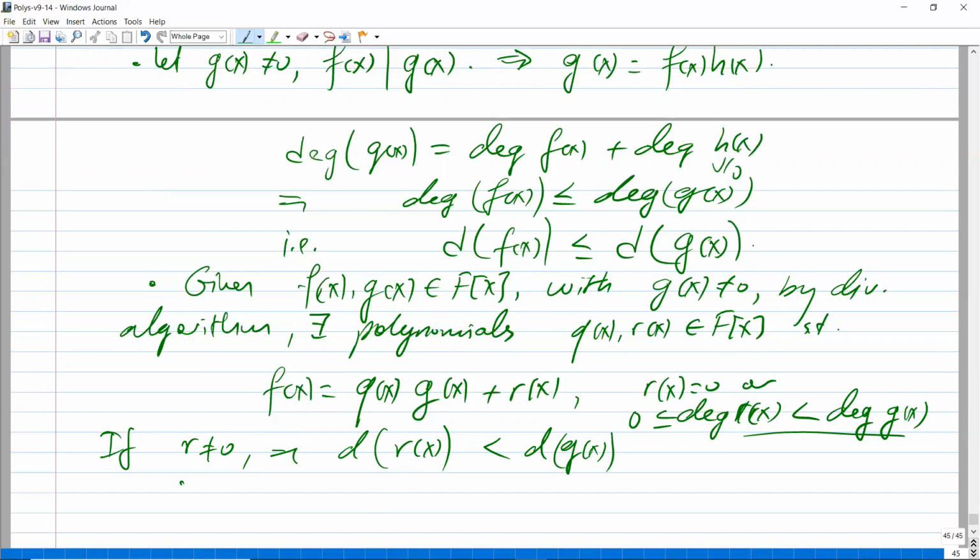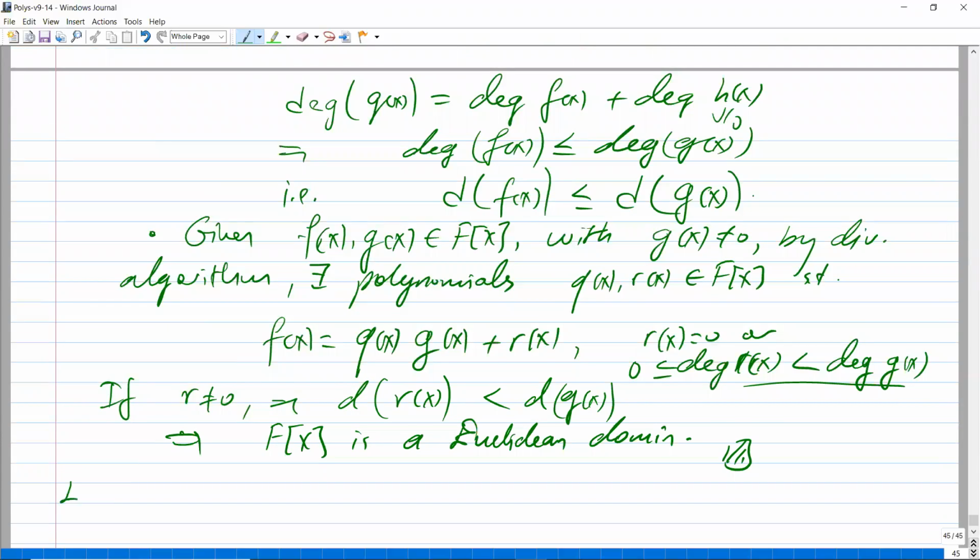So therefore, this F of x is a Euclidean domain. Okay, good.